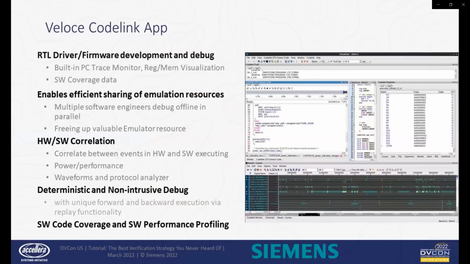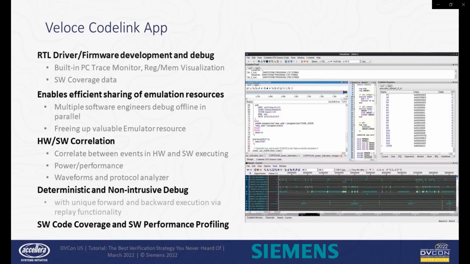Veloce CodeLink is our trace-based approach for debug. It is used as an environment which allows you to have traditional debug view into the processors being run in an emulation session. It does this with no changes to the software running on the processor and with no changes to the design you are working on.